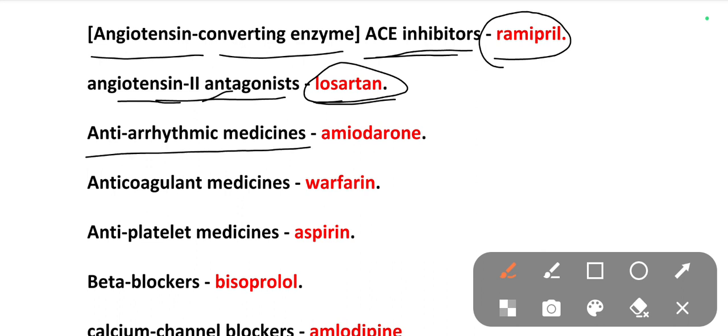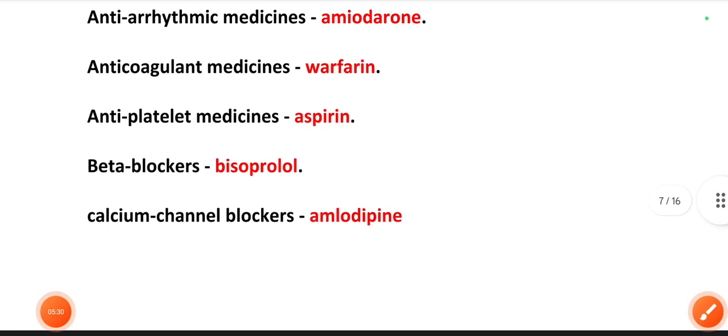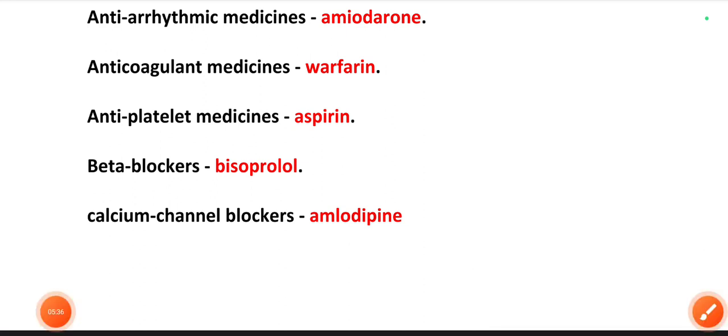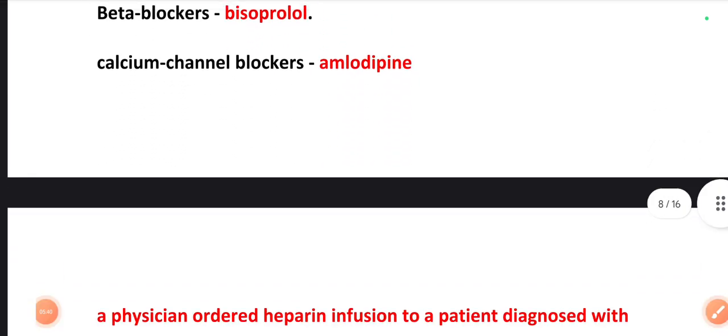The anti-arrhythmic medicine is amiodarone. The anticoagulant medicine is warfarin. Antiplatelet medicine is aspirin. Beta blocker is bisoprolol. And calcium channel blocker is amlodipine. So these are the categories of drugs which come under the cardiovascular system.